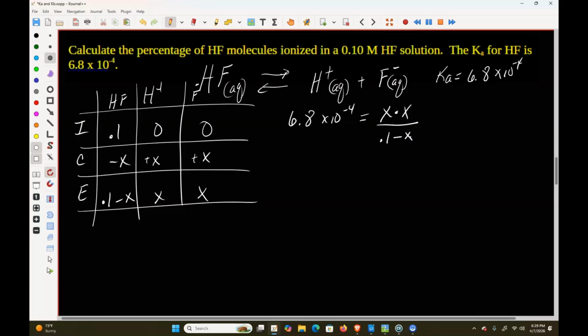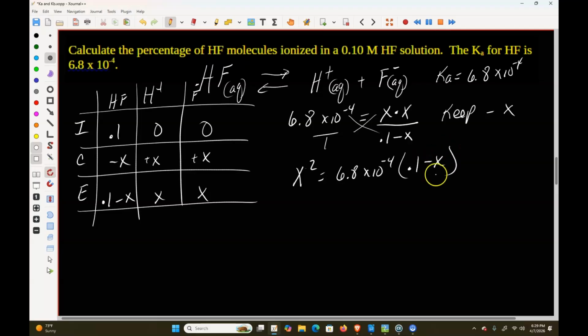Okay, this is kind of borderline, so I'm going to keep my minus x in the denominator. Let's cross multiply. So I have x squared is equal to 6.8 times 10 to the negative 4 times 0.1 minus x. So that'll be 6.8 times 10 to the negative 5 minus 6.8 times 10 to the negative 4x.